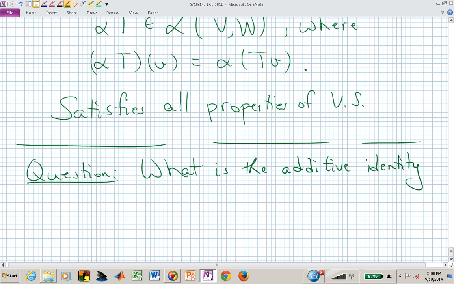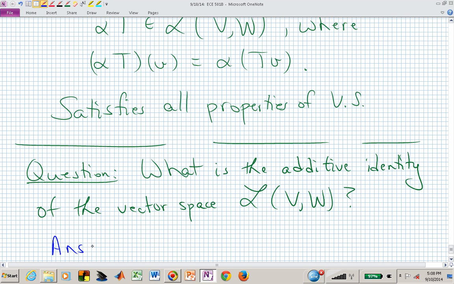So this was the question I was trying to ask when I was so rudely interrupted. What is the additive identity of the vector space L of V, W? And you've already been answering that and waiting for me to write it down.